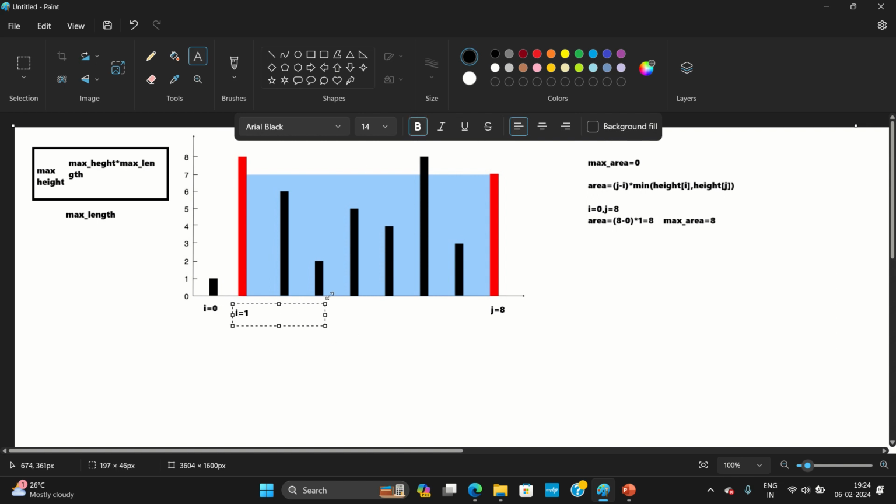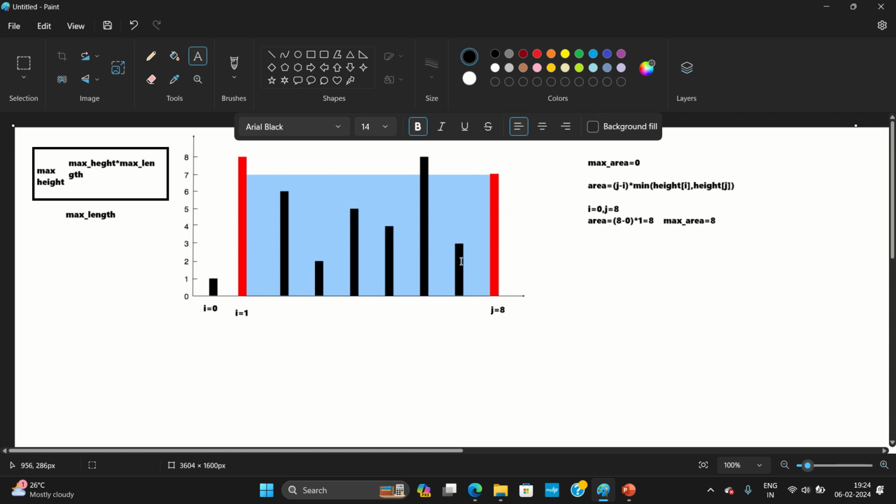Now, students, in this case, it is happening that I is getting a height greater than its previous height. It may not happen every time that you always reach a greater height, but of course, if I is having a minimum height, then I will be moving forward to find a greater height, and if j is having a minimum height, j will be moving backward to find a greater height.